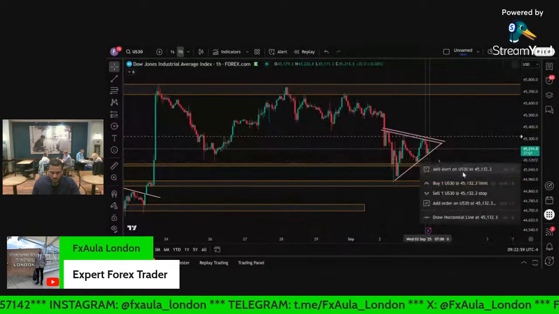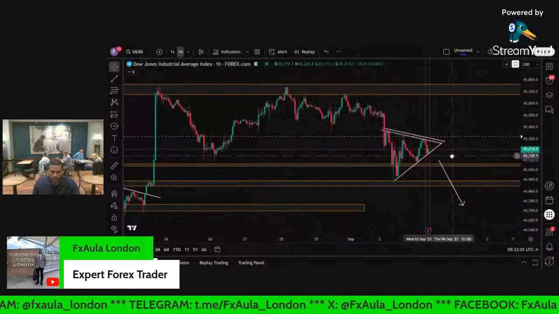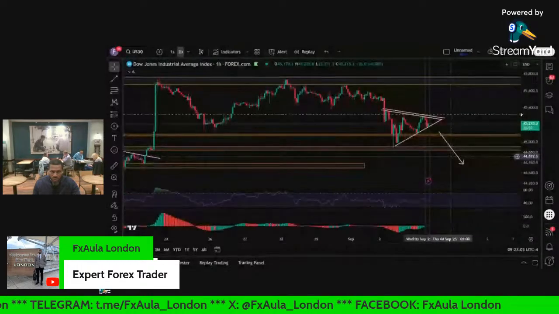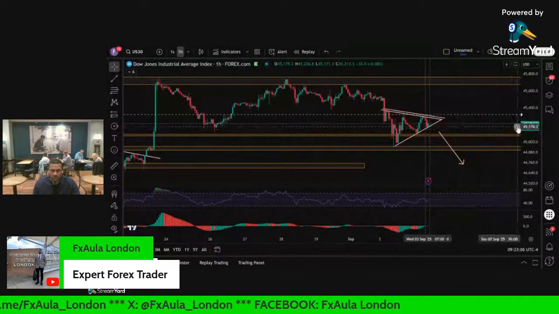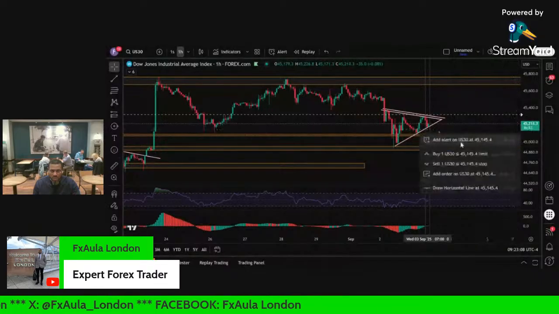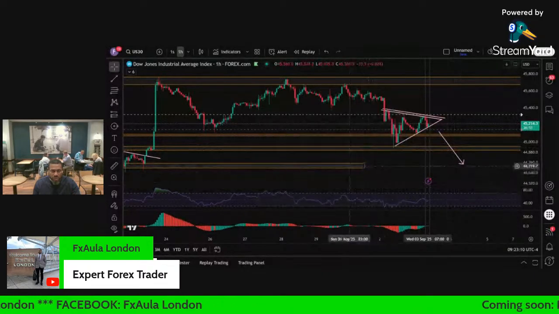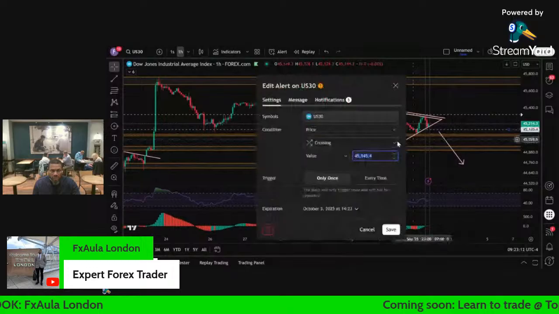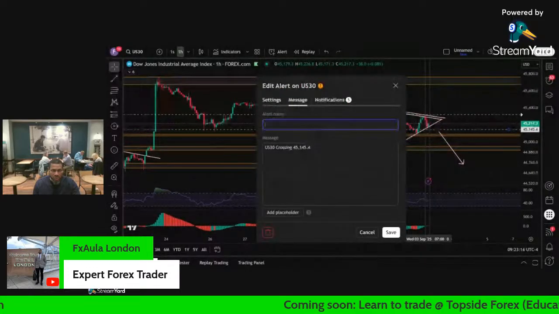The symmetrical triangle can go anyway. It could go long or short. So I put alerts on both sides of the spectrum to let me know when there's a breakout.